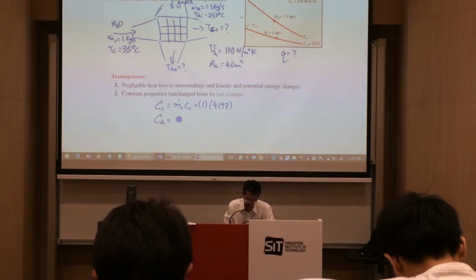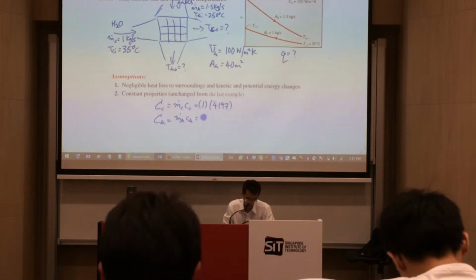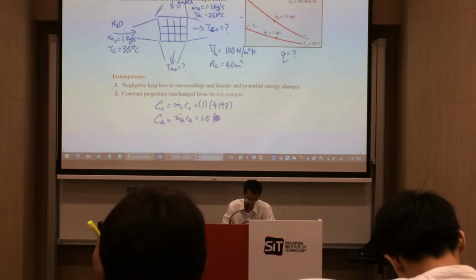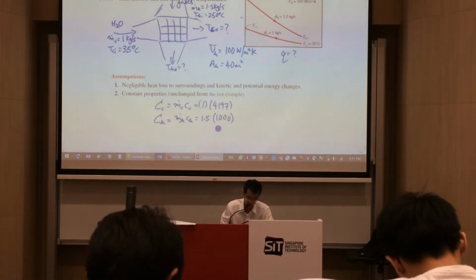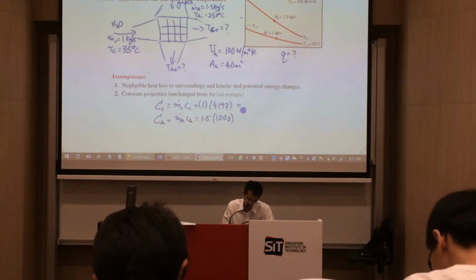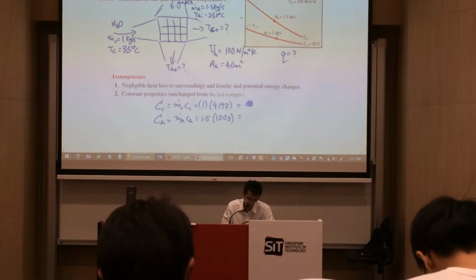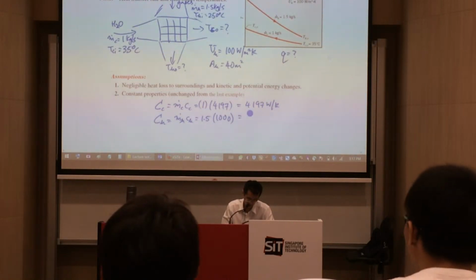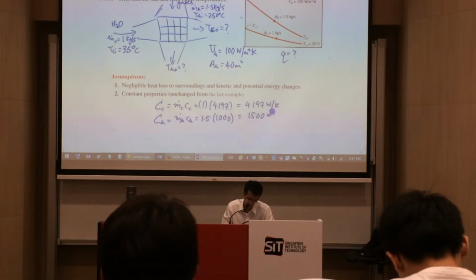For the CH, M dot H, CH equal to 1.5 multiplied by the specific heat capacity, that's 1000, that's given in the previous question. So do the calculation for both of them: 4197, and the other one will be 1500.